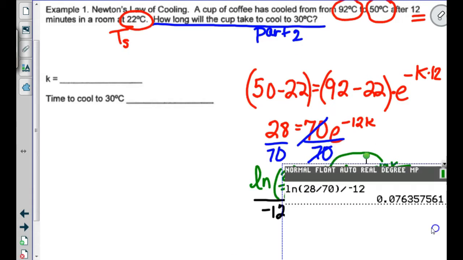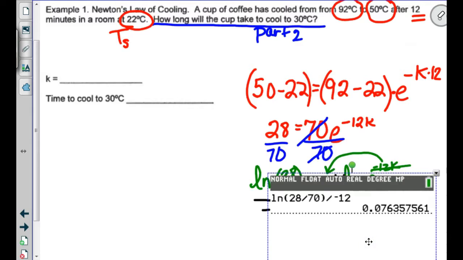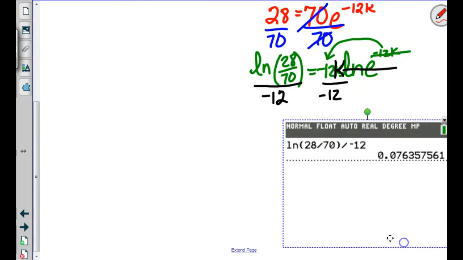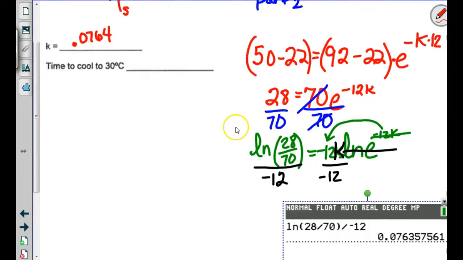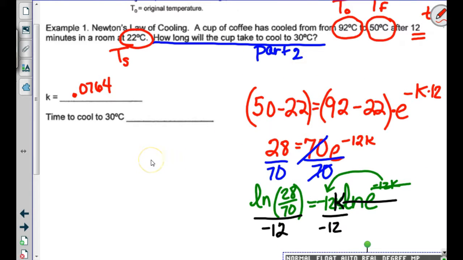Okay, so I get a cooling constant, and we're going to go out several places for these. 0.0764, can I go out that far? So generally with our cooling constant, because it will make a big difference later if we round too much, we're going to go out 4 places.